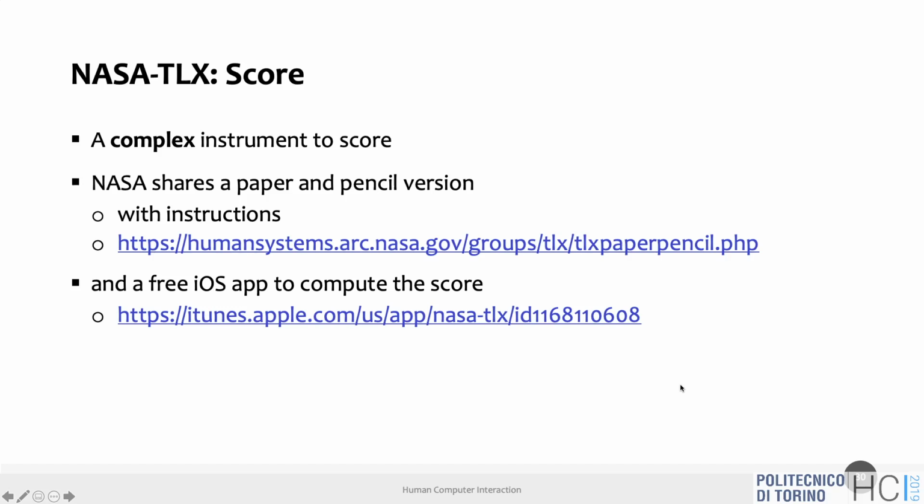So it's not something like the System Usability Scale, where you take 5 minus the score, or the score minus 4, and you got it. This is much more complex. So if in your life you happen to measure the workload of a system in a complex setting, this is the right questionnaire to use. You have pointers and instructions on how to compute the score.